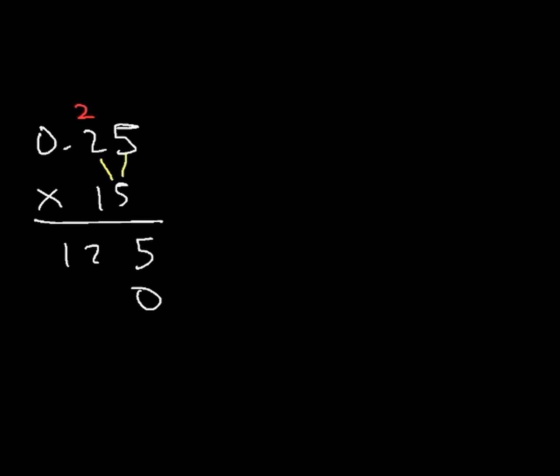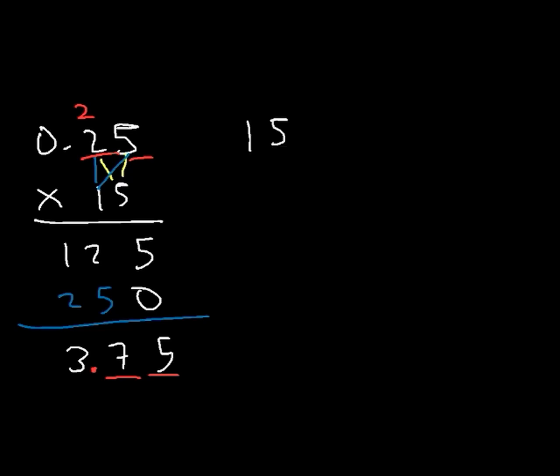Then we need to add a 0. 5 times 1 is 5. And 1 times 2, that's 2. So if we add this, we get 5, 7, and 3. Now notice that we have 2 spaces after the decimal, so we need 2 spaces here after the decimal, so this is 3.75. So that's how you can multiply a number with a decimal.